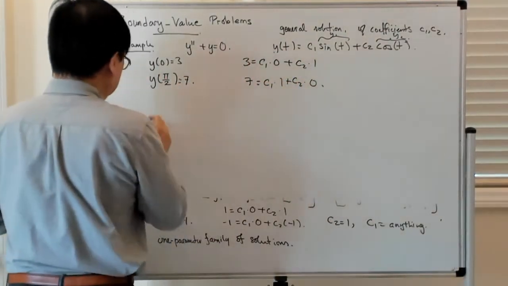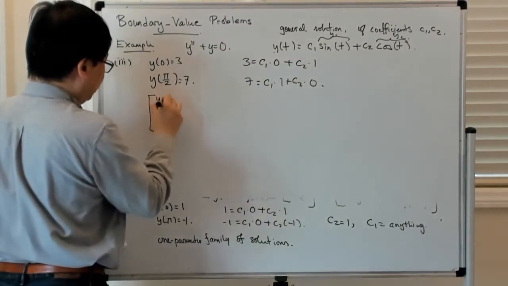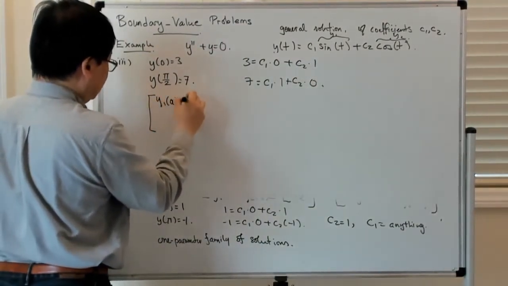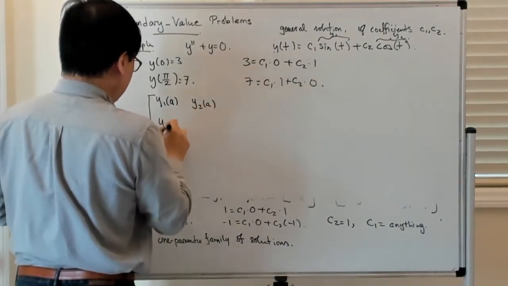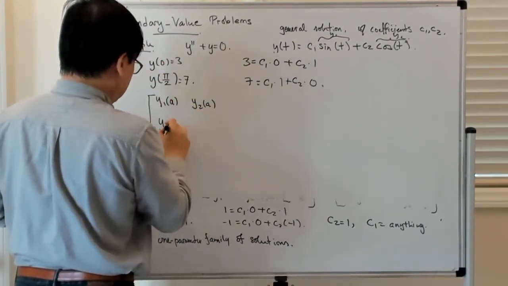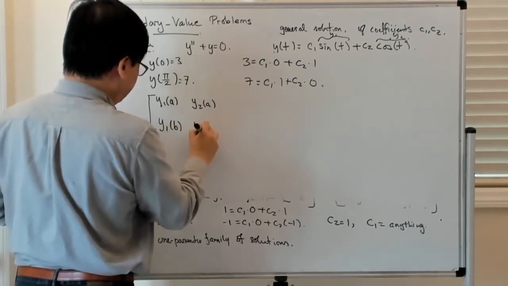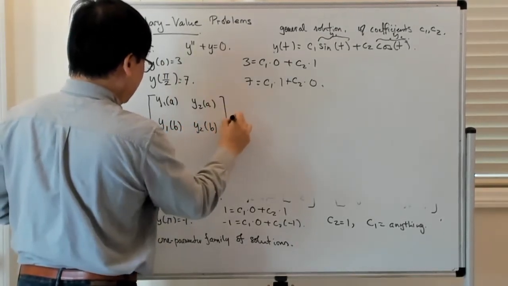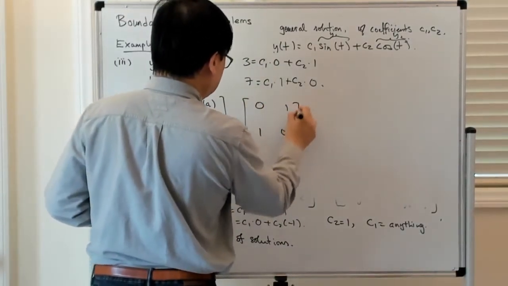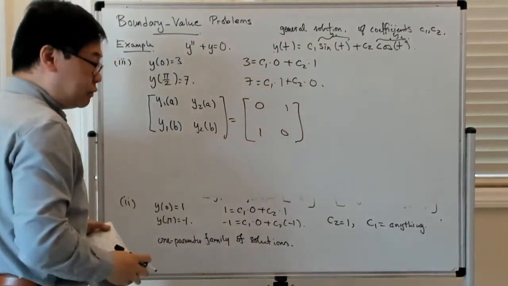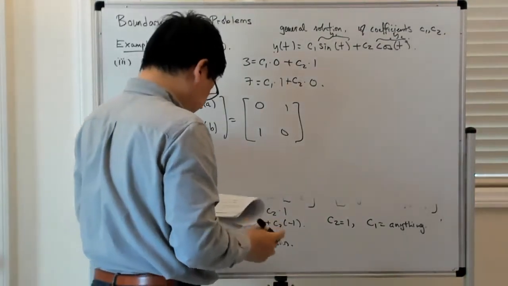This comes to the fact that y1 at A, y2 at A, y1 at B, and y2 at B now looks like 0, 1, 1, 0. So that matrix is invertible.